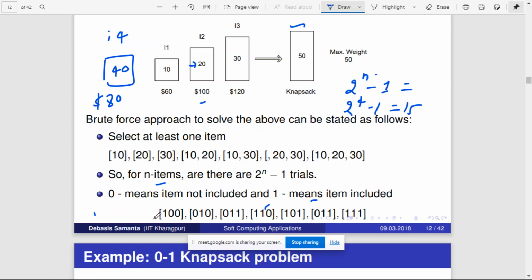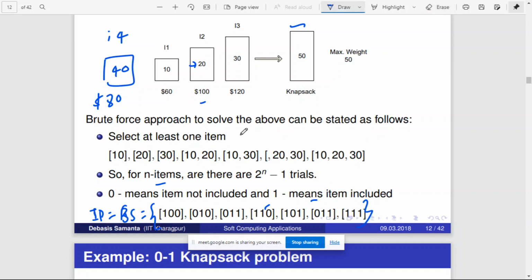If it is 3 items, this is how the initial population is represented using the binary scheme, which I am calling BS. Okay, if it is 4 items, then what will be the initial population?